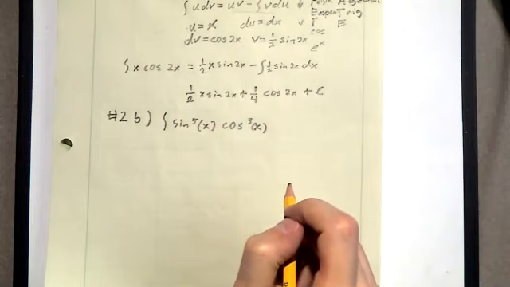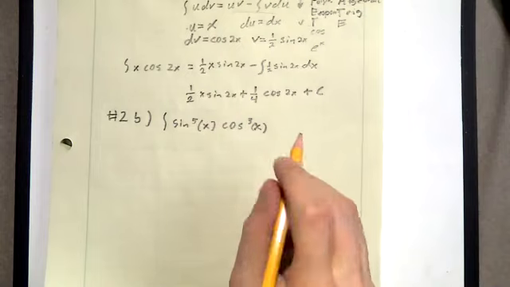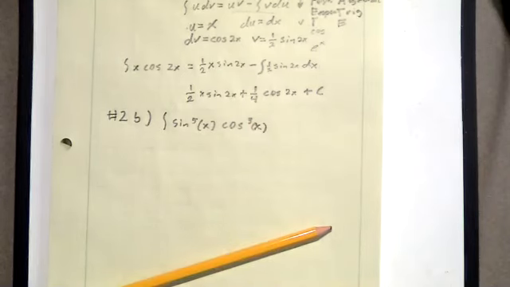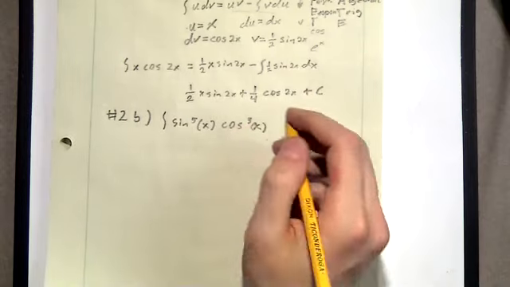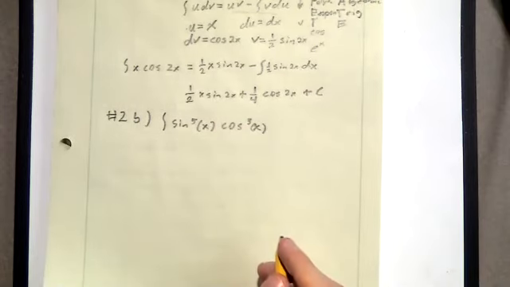Yep. So what we want to do here is, since we have an odd number of cosines, we want to convert a cosine squared.